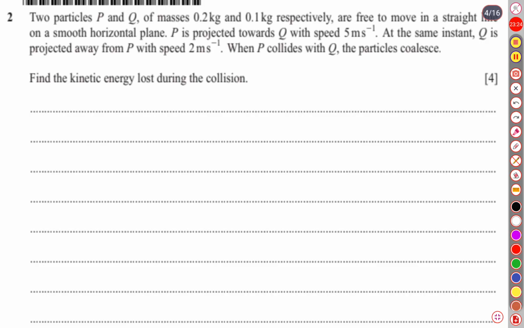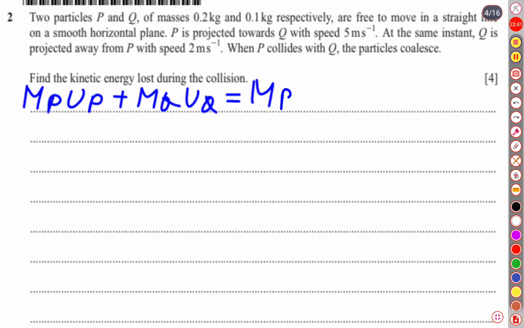Conservation of momentum is mass of particle P times initial velocity of P plus mass of particle Q times initial velocity of Q equal to mass of particle P times final velocity of particle P plus mass of particle Q times final velocity of particle Q. So let us substitute the values.